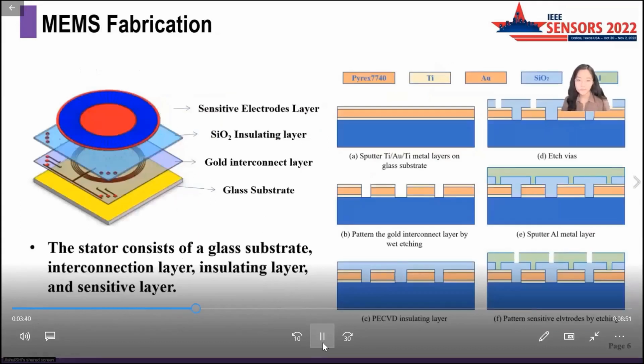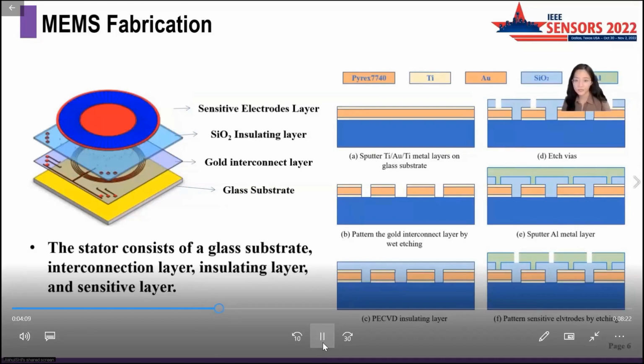To fabricate the sensitive structure of the angle encoder, MEMS technology is used. The stator consists of a glass substrate, interconnection layer, insulating layer, and sensitive layer. First, metal layers are sputtered on the glass substrate, where the titanium layer works as an adhesive layer.